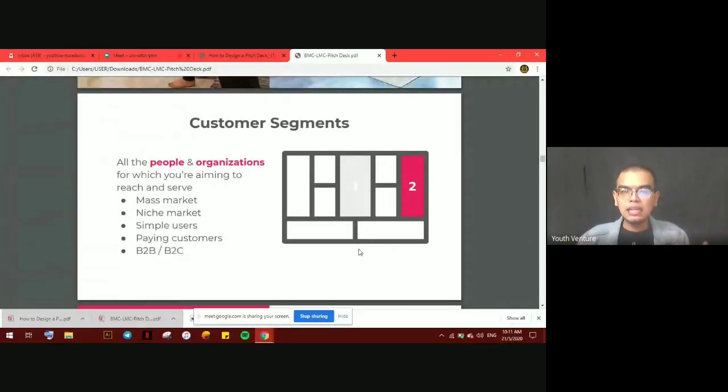So when you describe your customer segment, number one, you need to be very specific with the demographic of your customer segment. And number two, you need to back your customer segment with data. If you're saying that when you sell to students, you can get a lot of money, you need to specifically describe how many students there are in Malaysia.